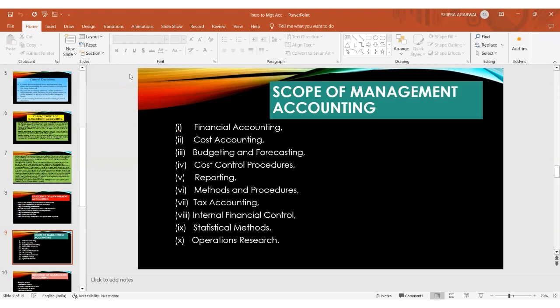Then next is reporting. If you want to implement control, then reporting is to be done. That means you keep on measuring whatever is being done in the organization. I'm talking about the performance. And once this performance is measured, you continuously have to report it to your higher authorities: what exactly has been done, how much we have achieved, are we on the right track or not, have we deviated from the set target?